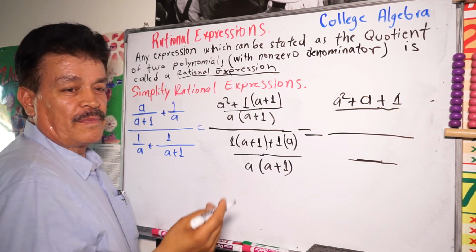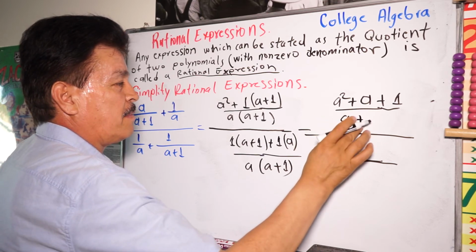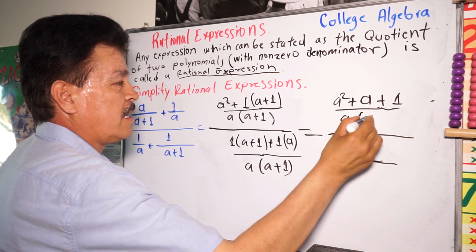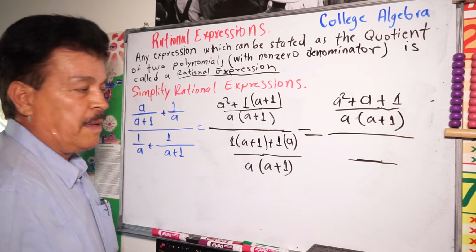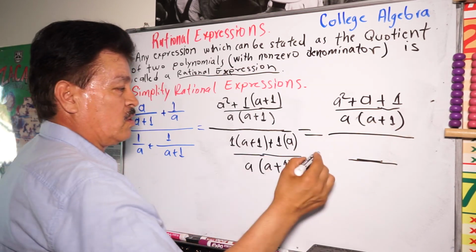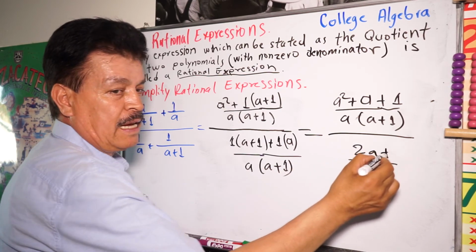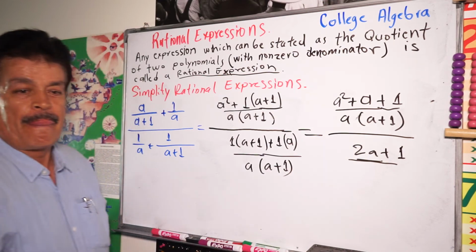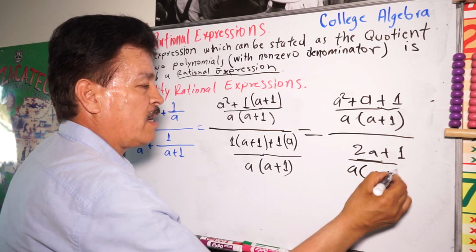In the bottom, we are going to have the same thing, a plus a times a plus 1, divided by, in the bottom, 2a plus 1, over, of course, a times a plus 1.